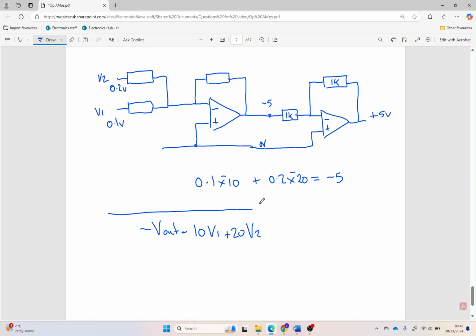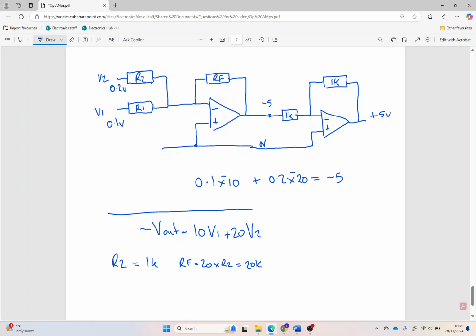V2 has got the most gain, so therefore R2 here, this is R2, R1 and RF that we've got, R2 is going to be our smallest value. As the smallest value is going to be 1k, we're going to let R2 equal 1k, which means that RF is going to be equal to 20 times R2, which equals 20k.